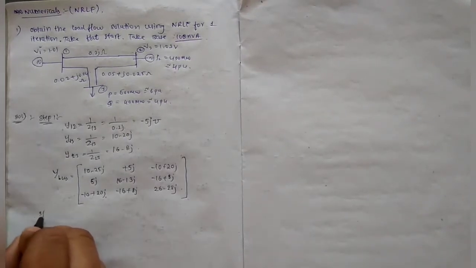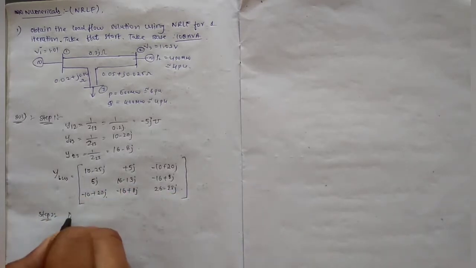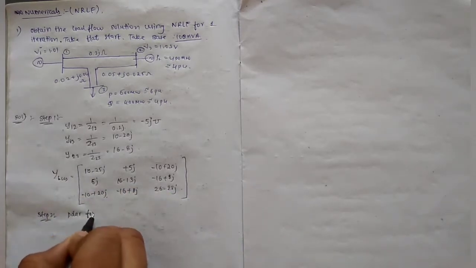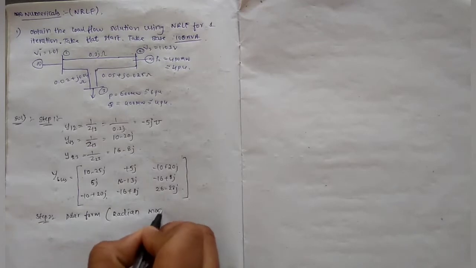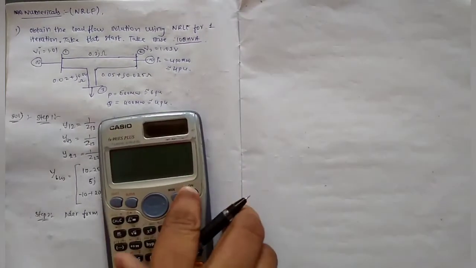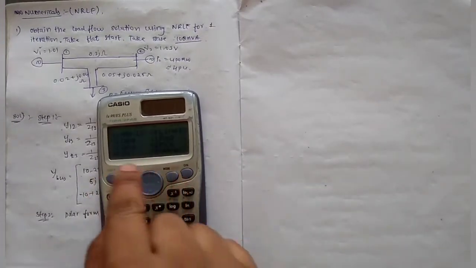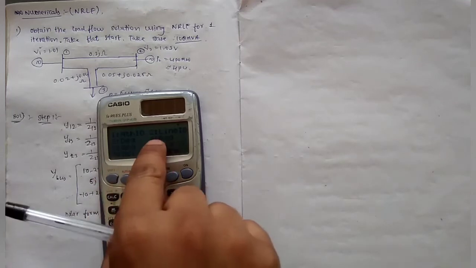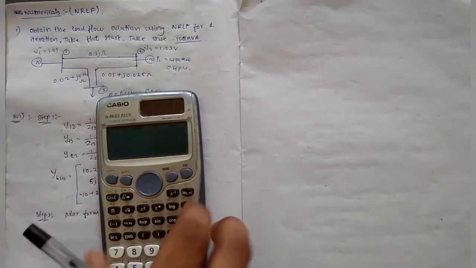And our next step is we need to convert this rectangular form into polar form. Remember, I'm keeping the calculator in radian mode, you can keep it in degree mode, but mention which mode you are doing. To convert to radian mode, shift R, I'm converting into radian mode 4. See here, we'll get R, radian mode.